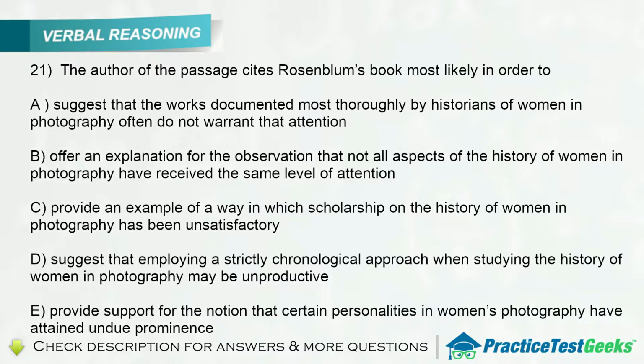C. Provide an example of a way in which scholarship on the history of women in photography has been unsatisfactory. D. Suggest that employing a strictly chronological approach when studying the history of women in photography may be unproductive. E. Provide support for the notion that certain personalities in women's photography have attained undue prominence.